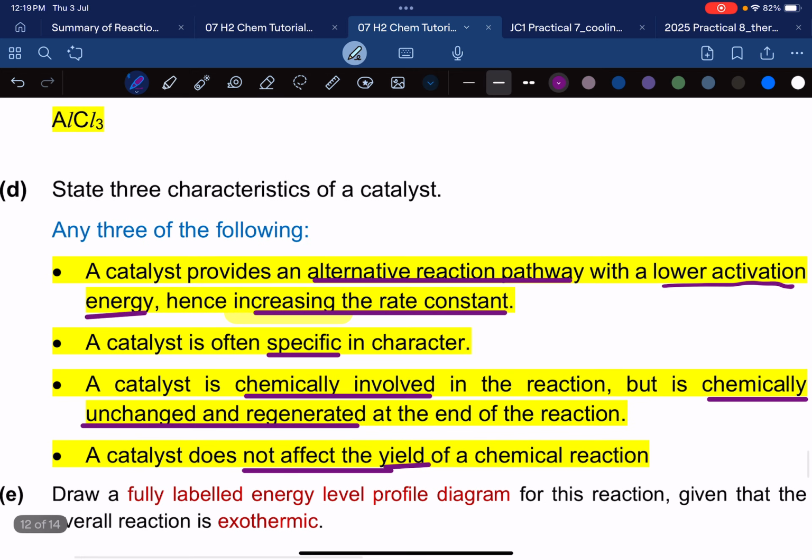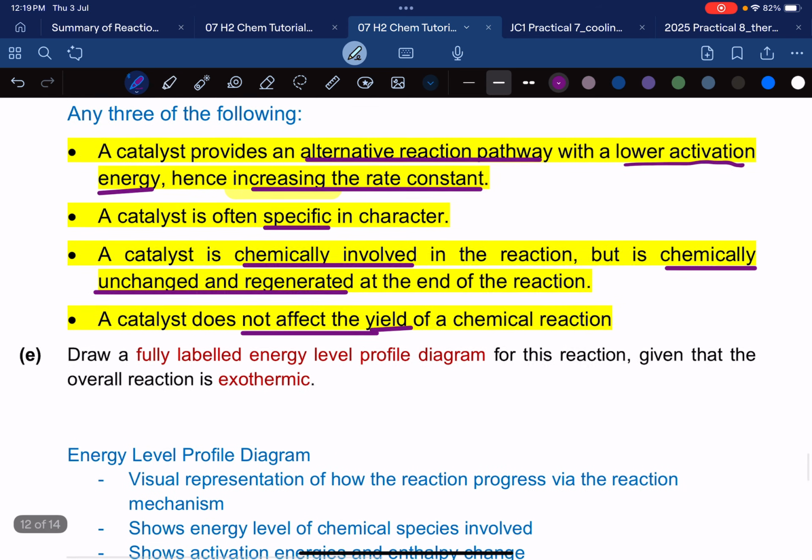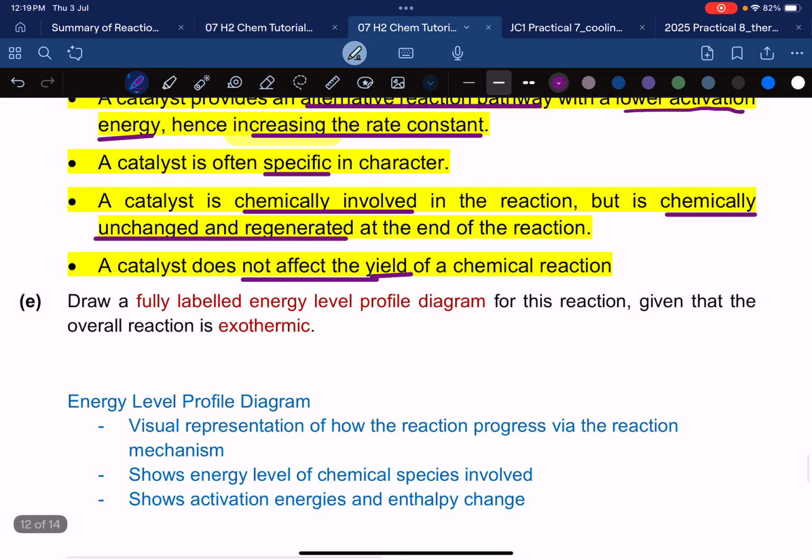In part E, we will now draw a fully labeled energy profile diagram for the reaction. Note that the overall reaction is exothermic. Before we start drawing, you need to have some sense of what an energy profile diagram is. Basically, this is a visual representation telling you how the reaction actually progresses via the reaction mechanism.